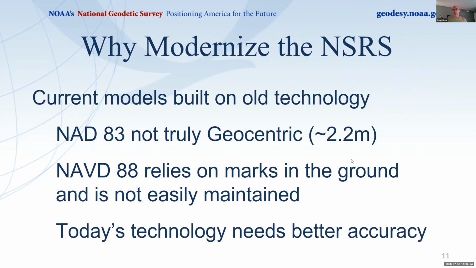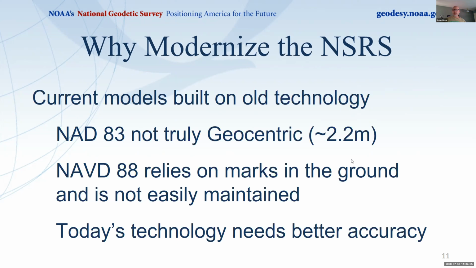And so why are we modernizing the NSRS? Well, the datums NAD83 and NAVD88 were created on old technology. These were using surveying methods that we'd used for over 100 years. And back when NAD83 was created with the ellipsoid model, GPS was just starting out, and they were using Doppler measurements to determine where the Earth's center was.